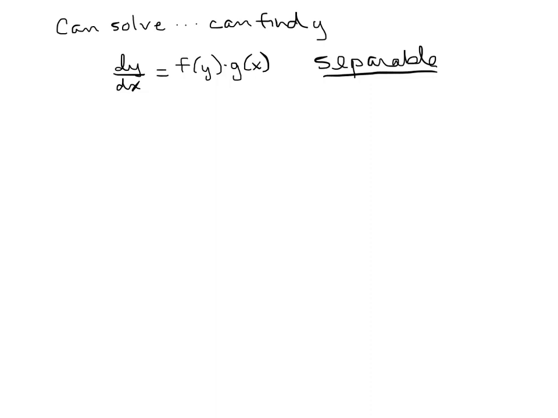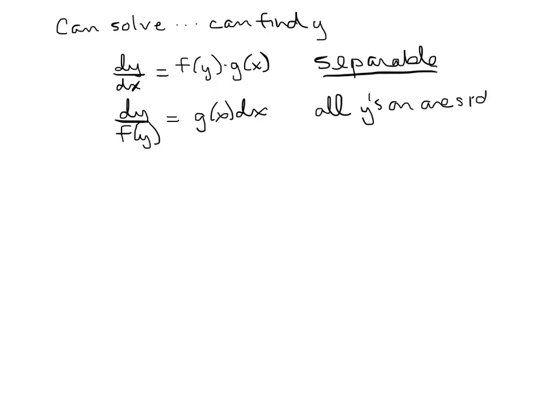But if they look separable, so if a function of y multiplied by a function of x happens in the derivative, then you can separate it, meaning you can get all the y's on one side and all the x's on the other. Equals g of x dx. So all y's on one side of the equal sign and x's on the other.